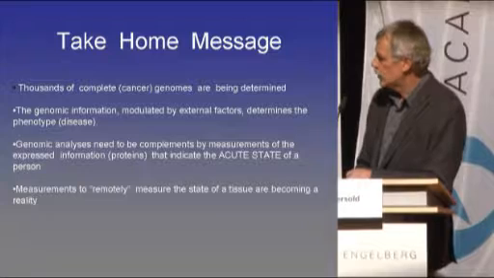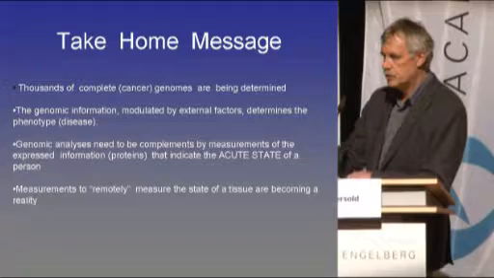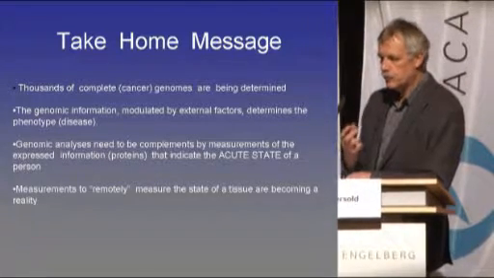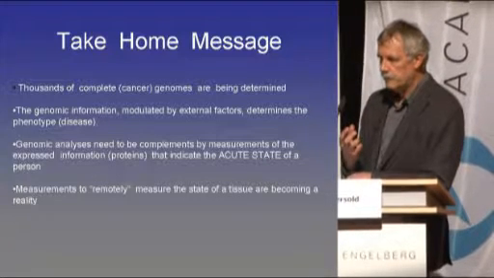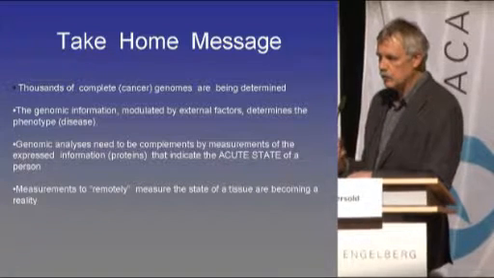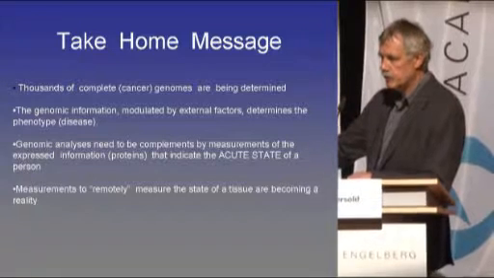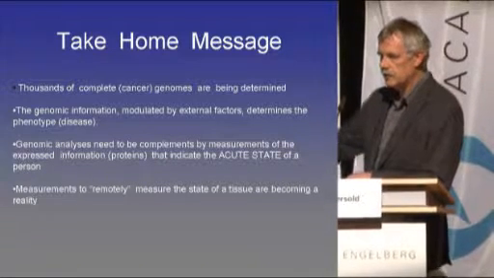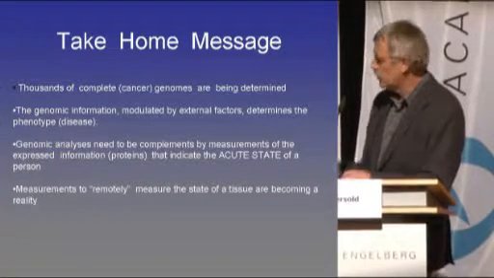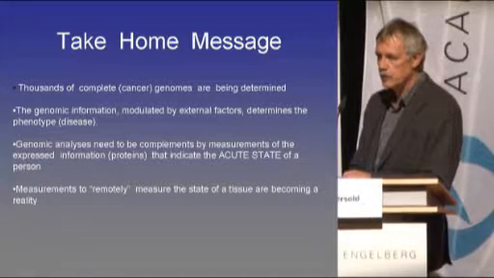The general take-home message is that we attempt to use the genomic information to infer which protein patterns might be indicative of a particular disease or another phenotype, and to remotely measure these protein patterns to indicate the health status of a person. That's what I'm going to talk about and show how far this general concept has come.